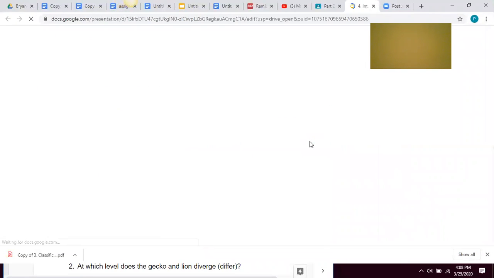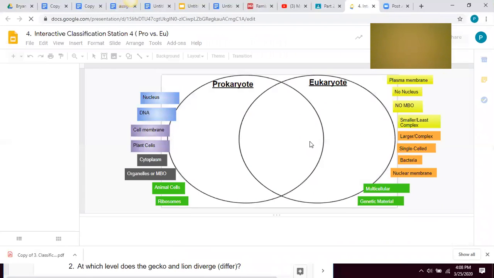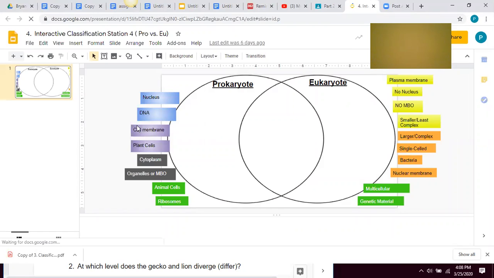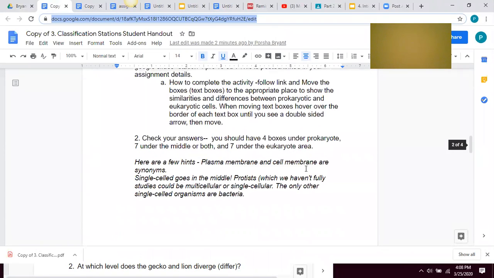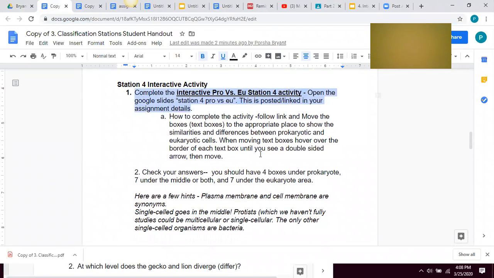So all station 4 is when you open this, and we've done this before, so I felt comfortable leaving this with you. You have to drag and drop your boxes in the appropriate spots. When you were reading your classification stations for Station 4, this is where it gave you all kinds of information on how to do the Venn diagram.